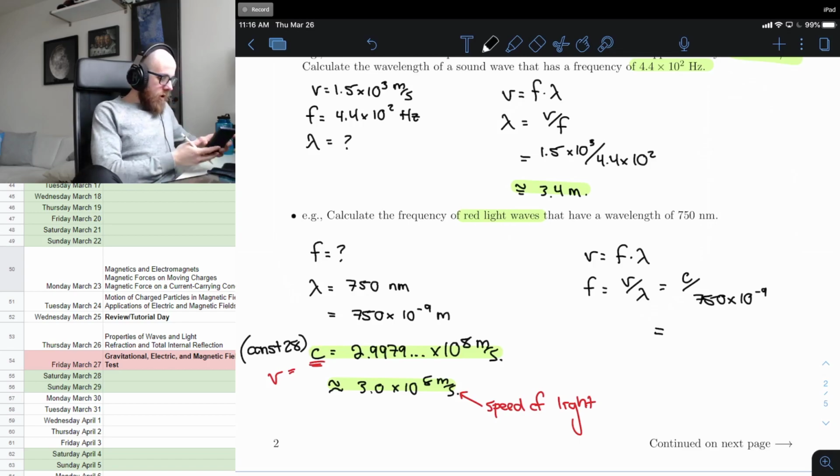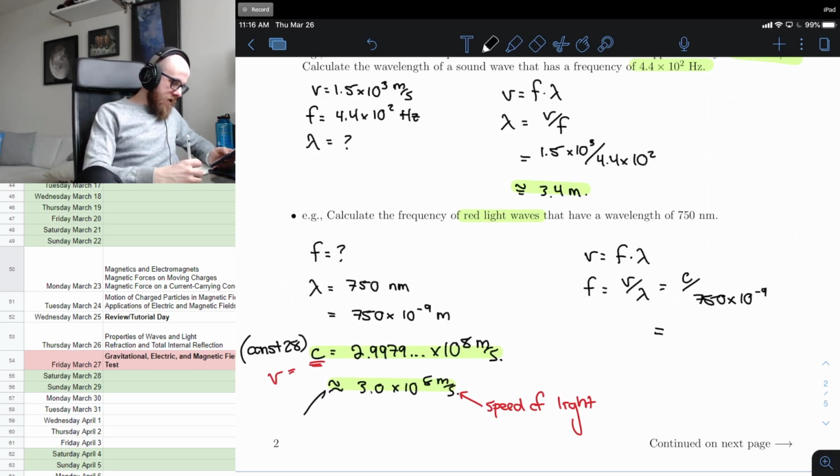And I get a value of very high frequency, 3.99723 times 10 to the 14. Okay. And the units there are hertz.